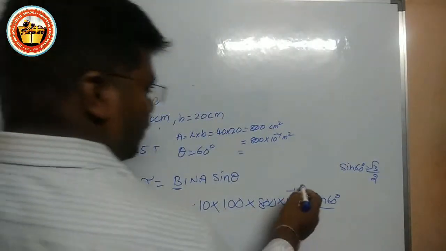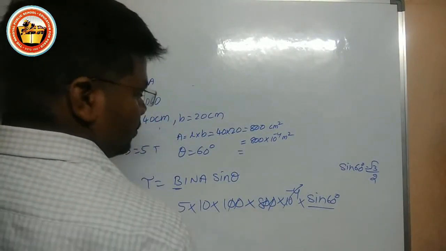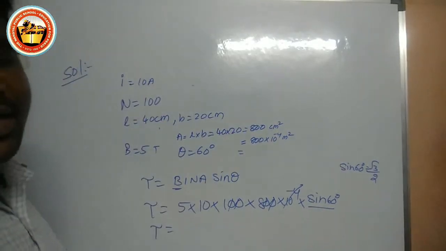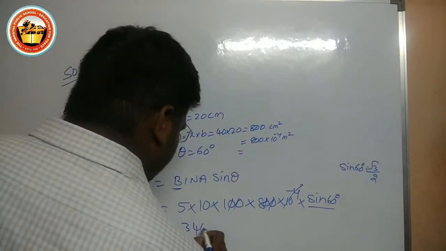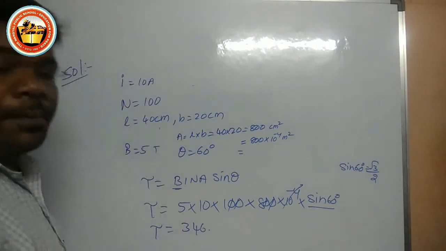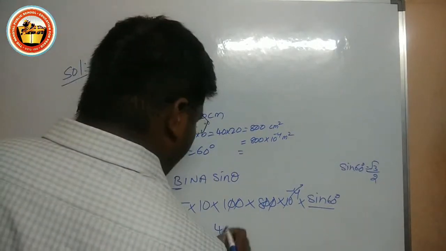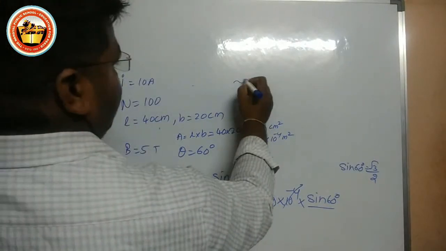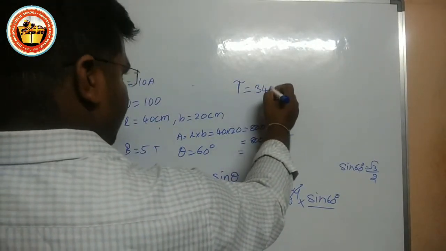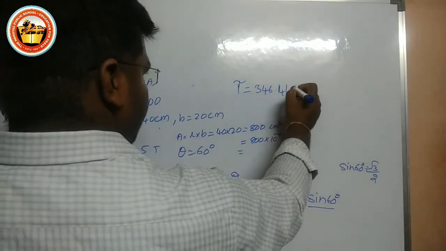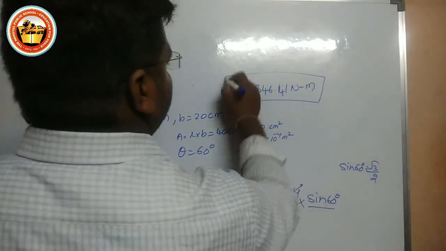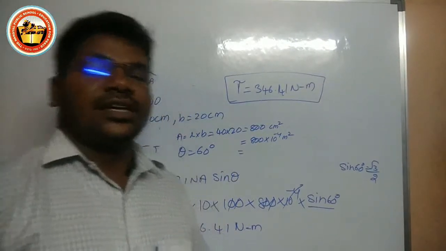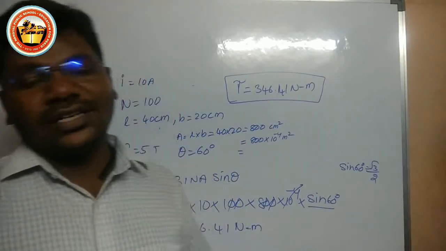So by cancellation of 10 power minus 4, we can get tau is equal to 346.41 Newton meter. So with the help of torque experienced in a uniform magnetic field, we can get this answer.